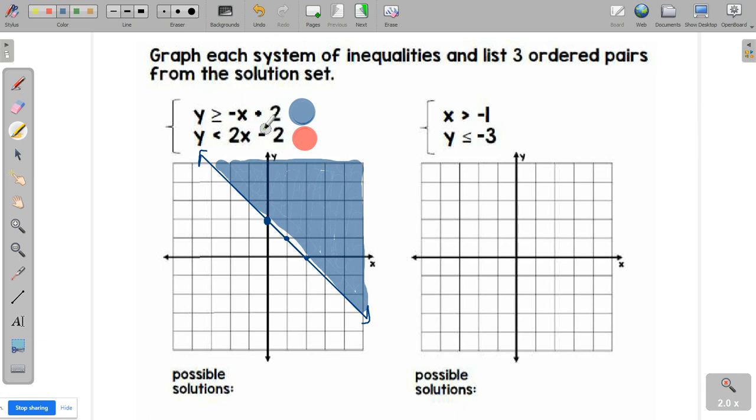Okay. Now let's graph our second equation. We have a y-intercept of negative 2, so go down to negative 2. We have a slope of 2, so rise 2 to the right 1. Rise 2 to the right 1. And our line is going to be dashed.